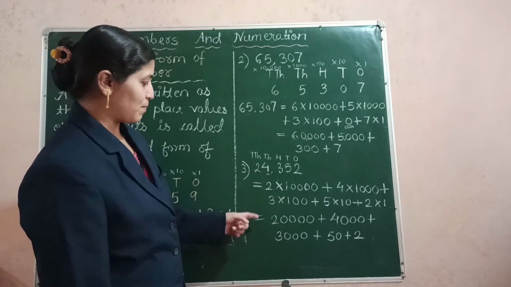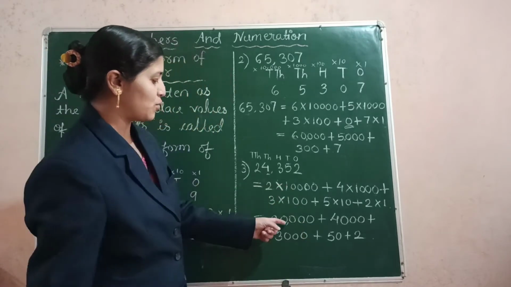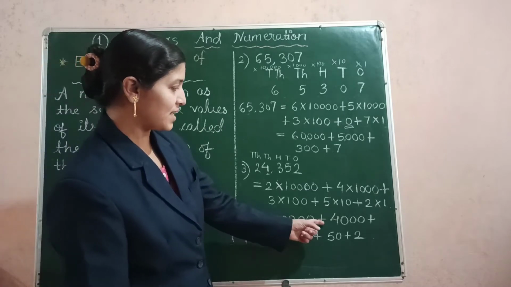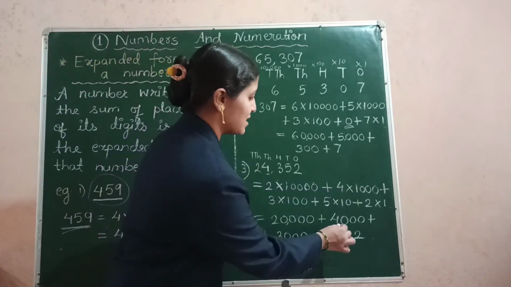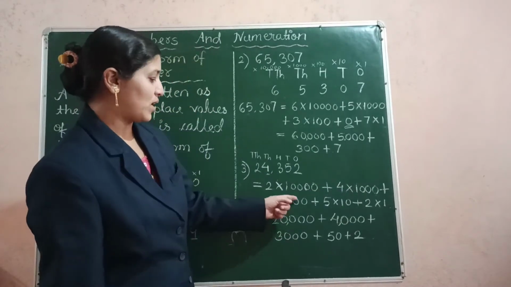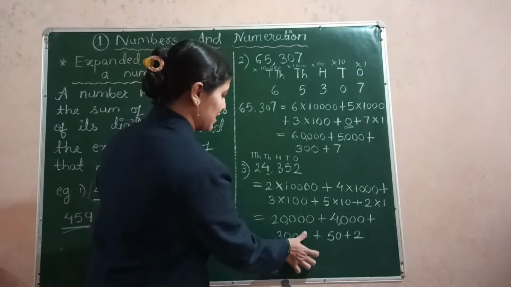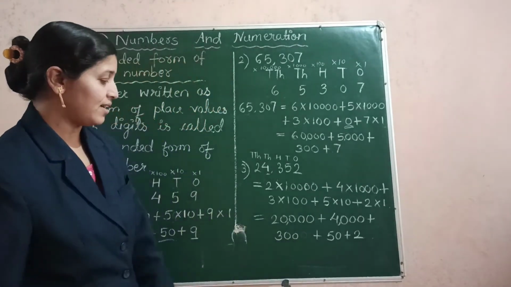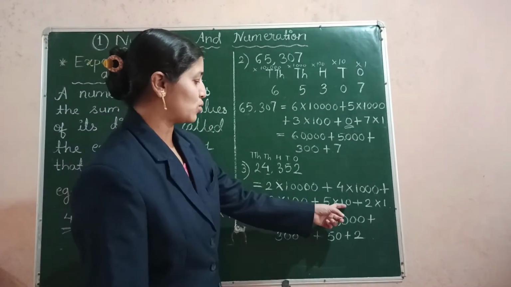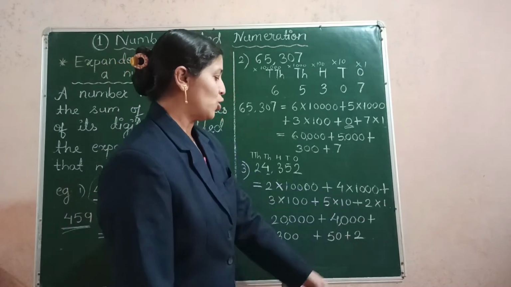Now the next step. 2 into 10,000 is 20,000. Can you see it? 20,000 plus 4 into 1,000 means 4,000 plus 3 into 100 means 300 plus 5 into 10 is 50 plus 2 into 1 is 2.